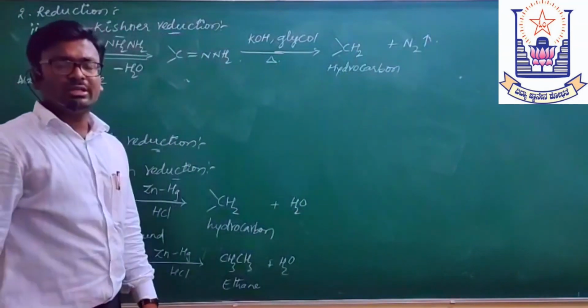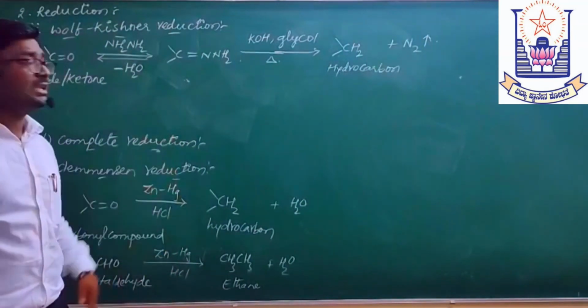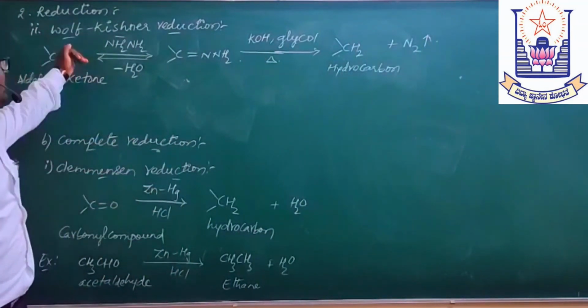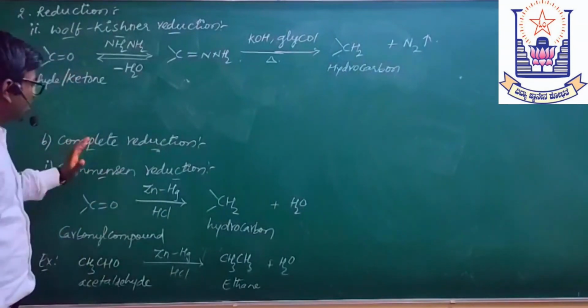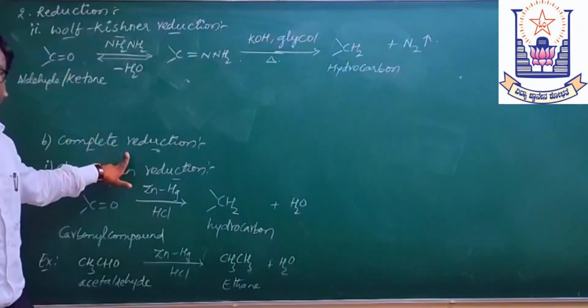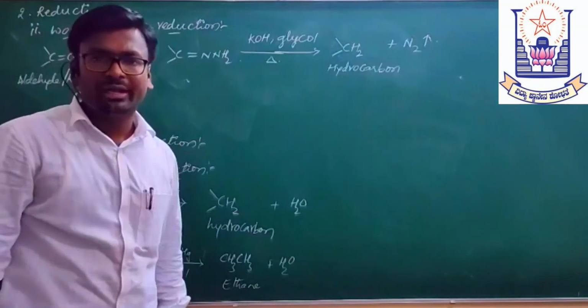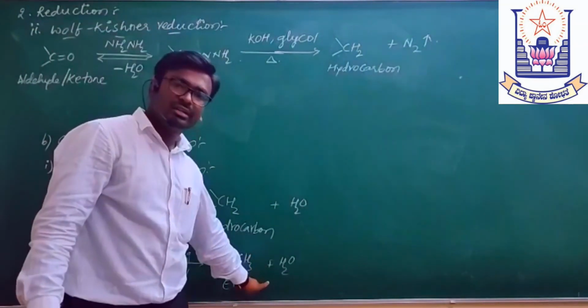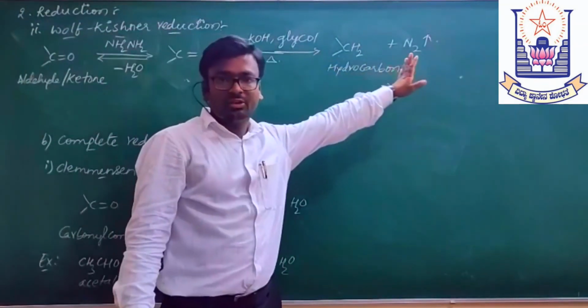See, you need to consider the similarity between this Clemmensen and Wolff-Kishner reduction. Both of these are complete reductions of carbonyl compounds into hydrocarbons. The byproduct here is water and here is nitrogen gas.